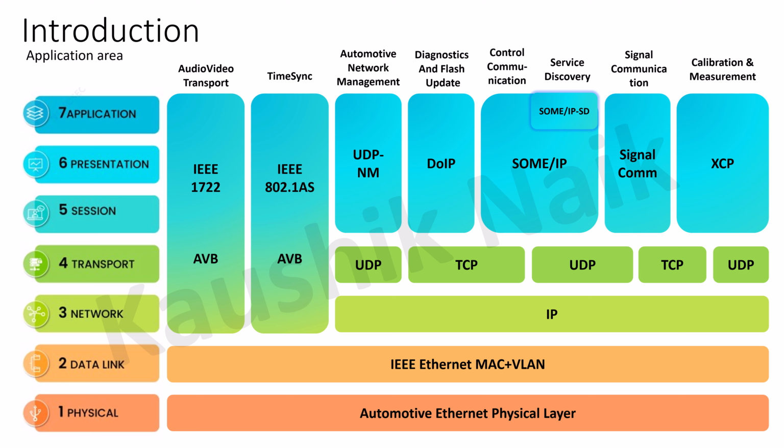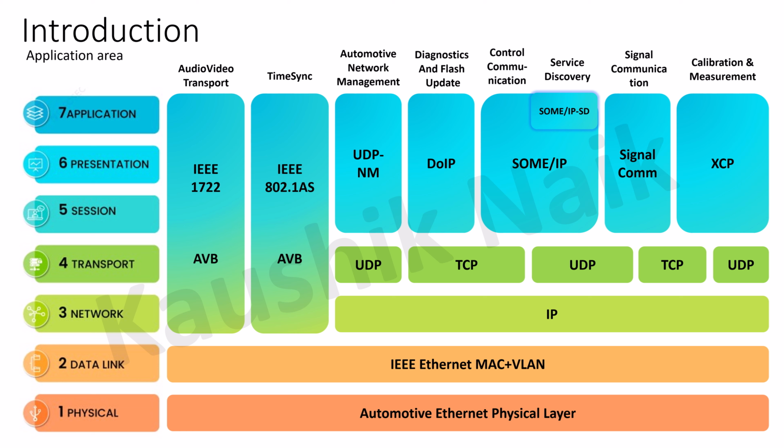The application areas of automotive Ethernet are very vast. Here I have tried to summarize different application areas and I have mapped them to applicable OSI layers. Layer 1 and 2, which are the physical and data link layers, are common for all the applications. Applicability and configurations of layer 3 onwards are based on different use cases.